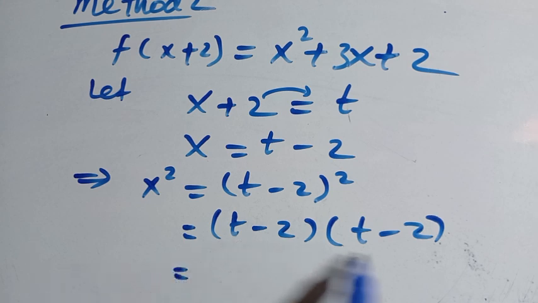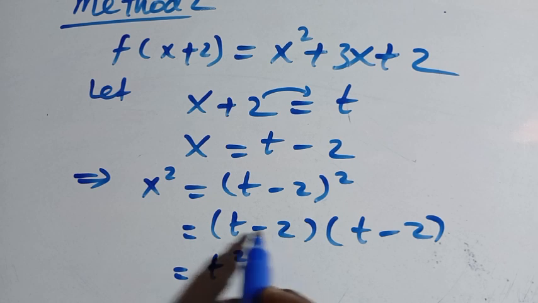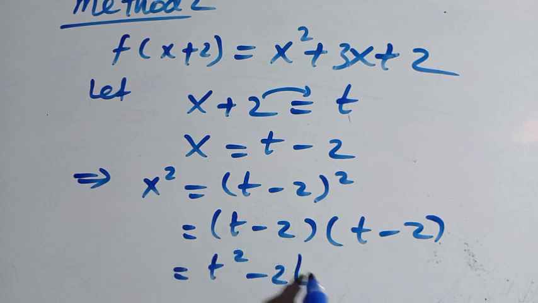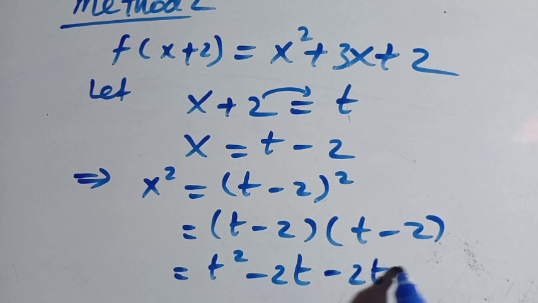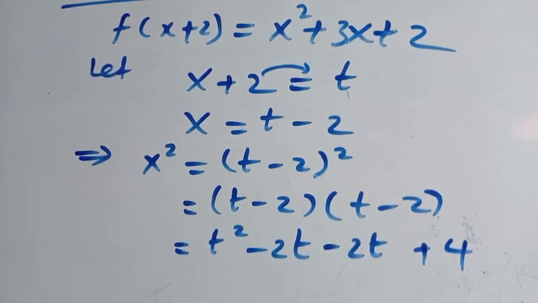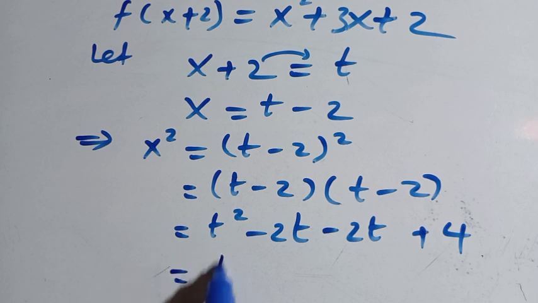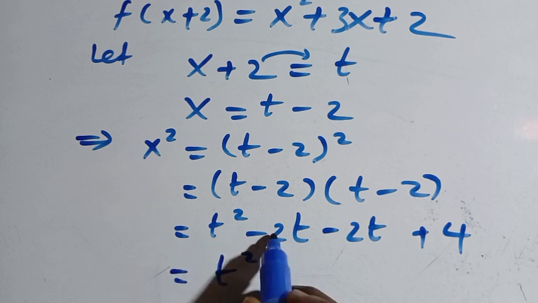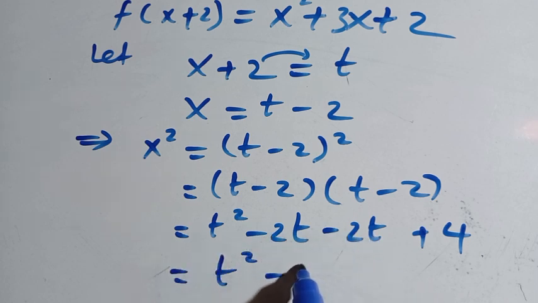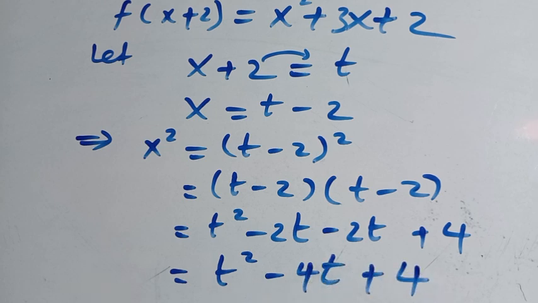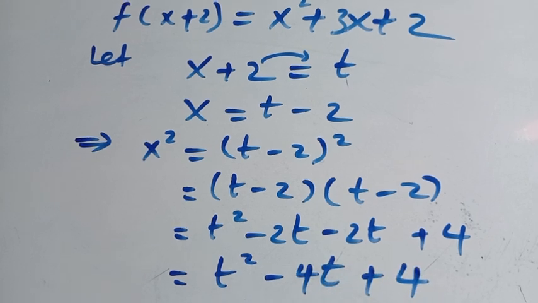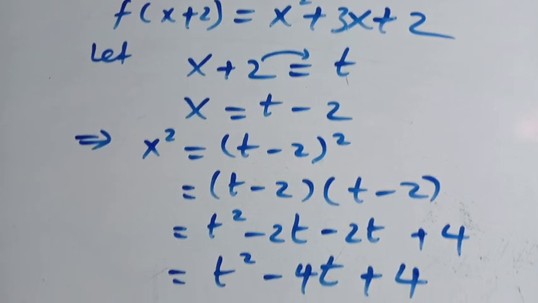Then let's open this. T multiplied by t is t squared, minus t multiplied by 2 is minus 2t, minus 2 multiplied by t is minus 2t, plus 2 times 2 is 4. So this is t squared minus 2t minus 2t, that is minus 4t plus 4.